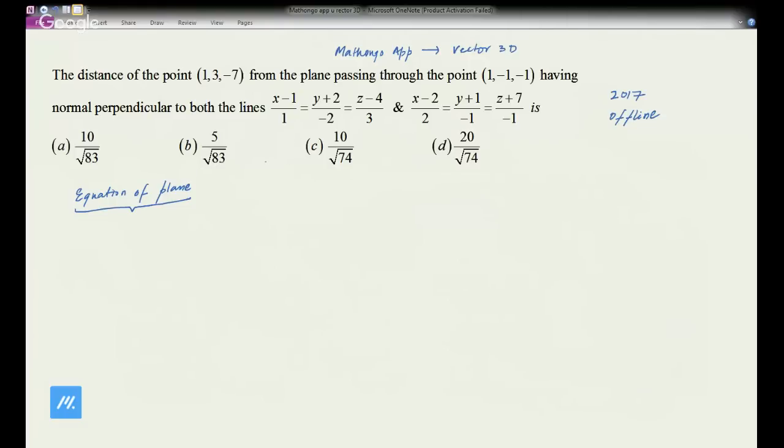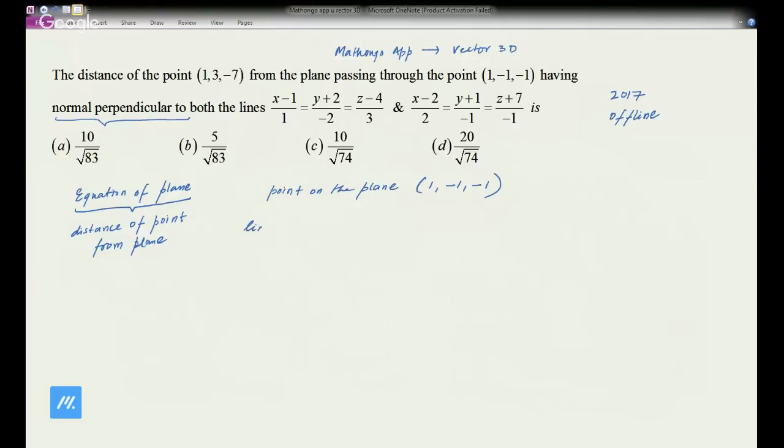So the equation of the plane has to be found, and then you have to find the distance of the point from the plane. These are the two concepts to be applied here: equation of plane and distance of point from plane. For the equation of the plane, you are given a point on the plane, which is (1, -1, -1), and the normal is perpendicular to both the lines.